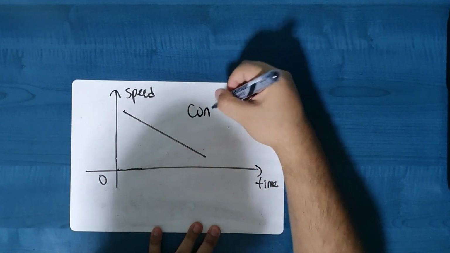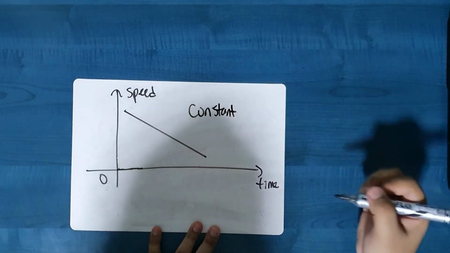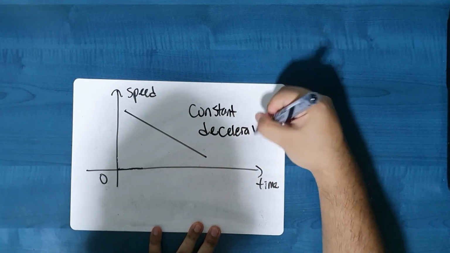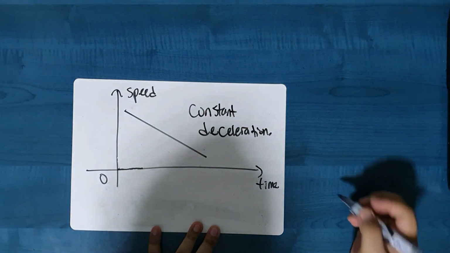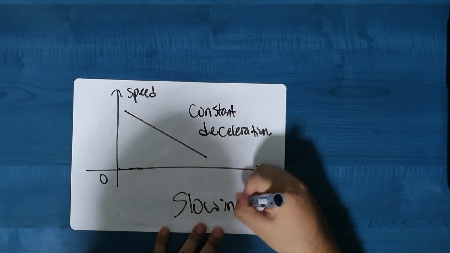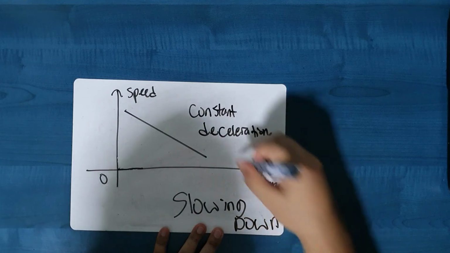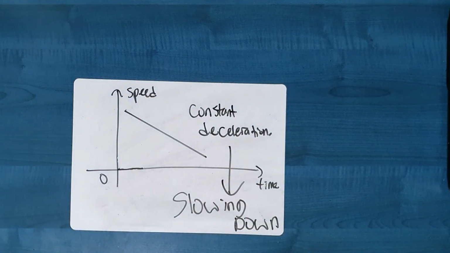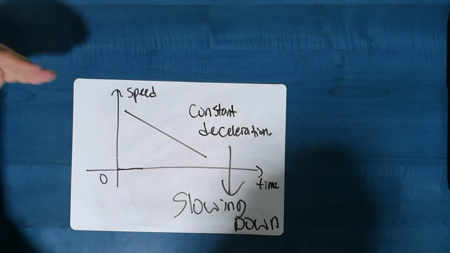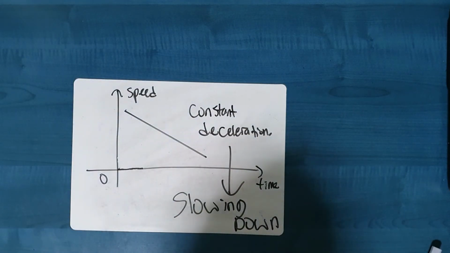So this is the opposite of constant acceleration, which is constant deceleration. The other word for deceleration is slowing down. Just now the line going up is constant acceleration. Over here it is going down, it is constant deceleration. This object is slowing down.